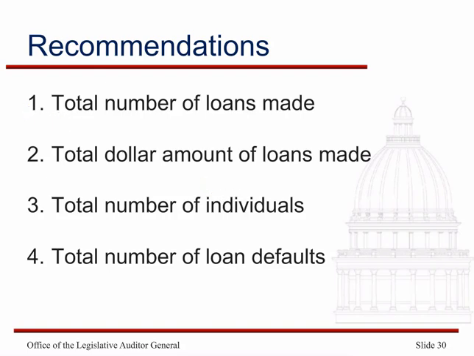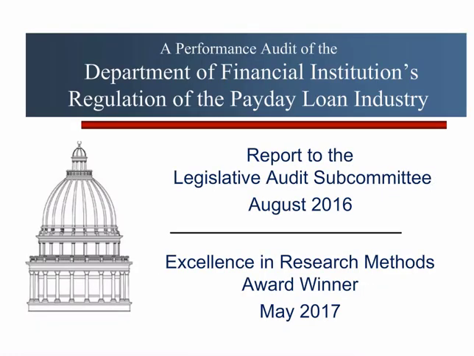And we just said, you could do so much with this data to target where you need to go and to look for trends. And so we thought that that would be helpful. And the DFI is considering asking for more of that data.